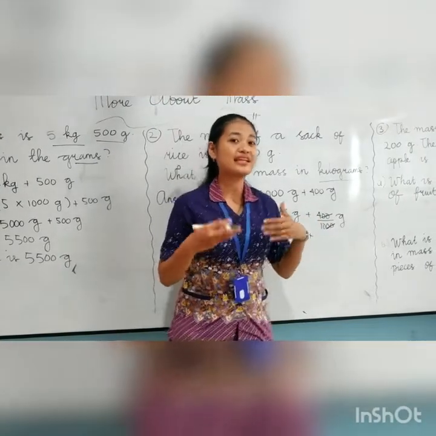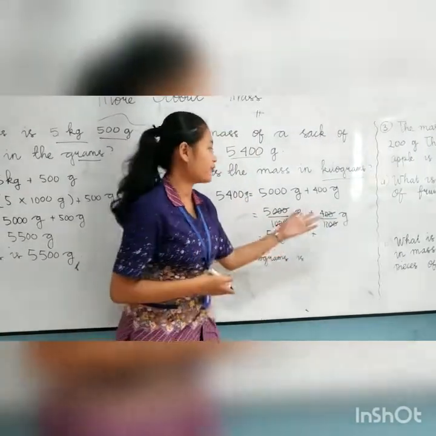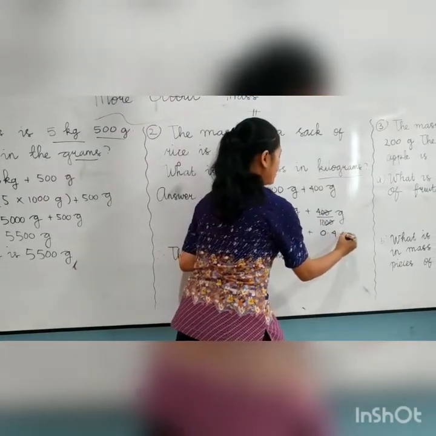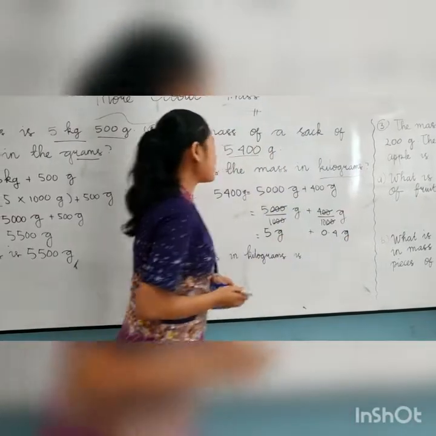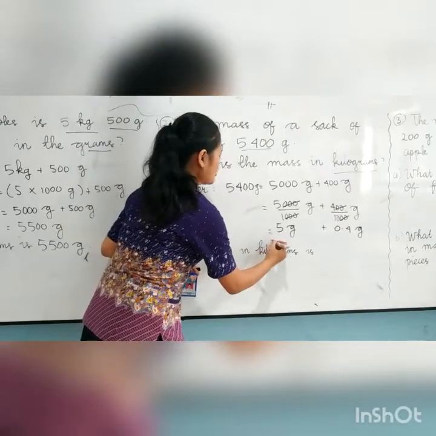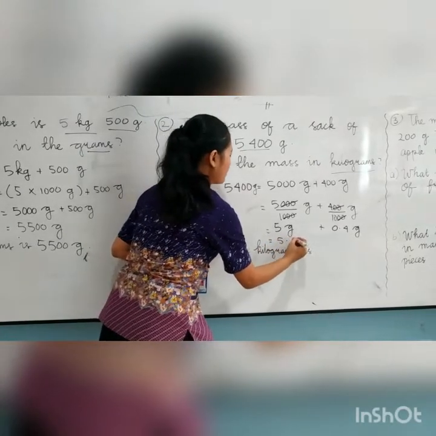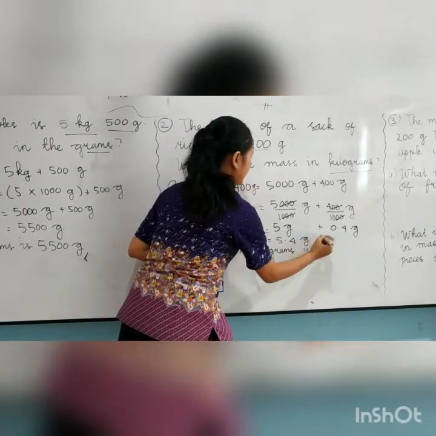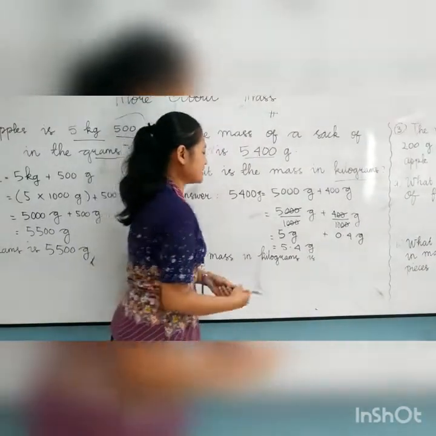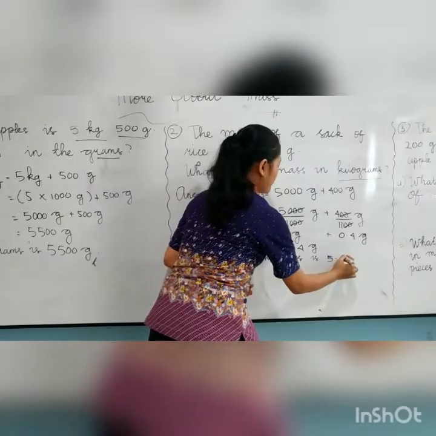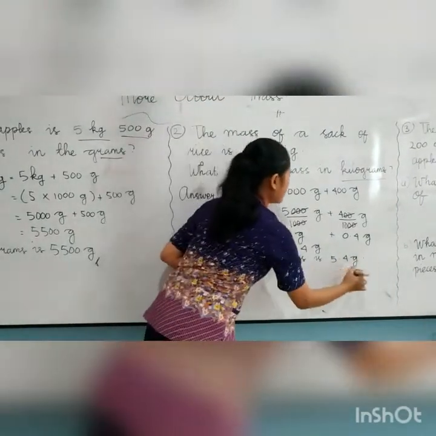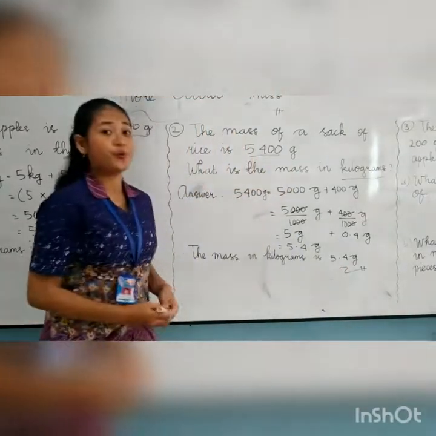We have already learned in fractions that 4 divided by 10 is equal to 0.4 grams. So 5 grams plus 0.4 grams is equal to 5.4 grams. The conclusion is the mass in kilograms is 5.4 grams. So everyone, you can write it in your book.